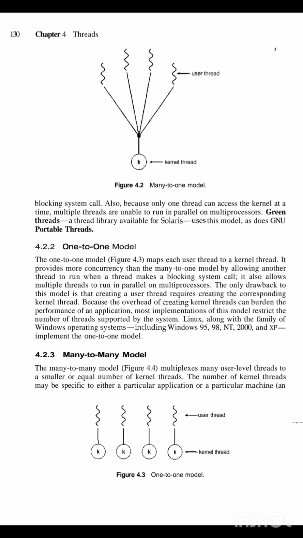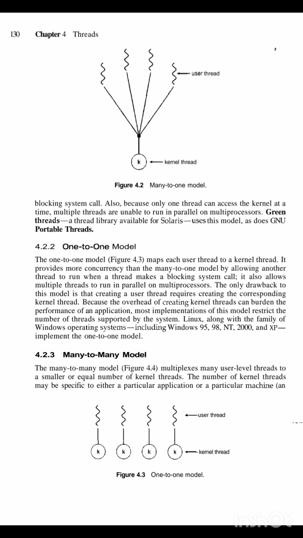In multi-threading models, the next one is one-to-one. In one-to-one, each user-level thread maps to a kernel thread, as shown in figure 4.3 in the textbook. It provides more concurrency than the many-to-one model by allowing other threads to run when a thread makes a blocking system call.